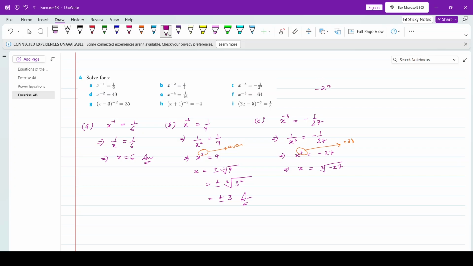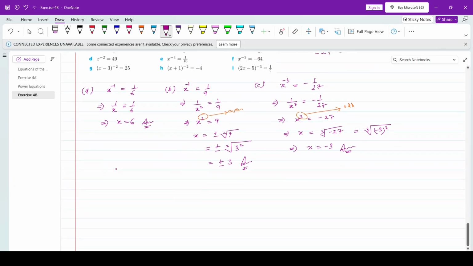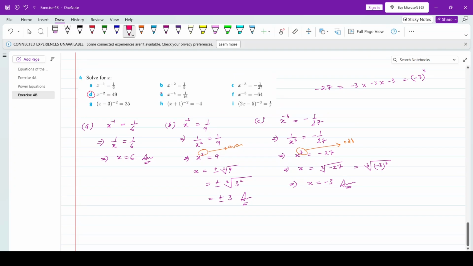Now negative 27 can be broken down into negative 3 times negative 3 times negative 3, or simply negative 3 raised to the power 3. So this becomes the cube root of (negative 3) raised to the power 3. Hence we can write x is equal to negative 3. Similarly, we can do this one, and this one, and all these are the same, so I'll do only one. The other two are for you to do on your own.